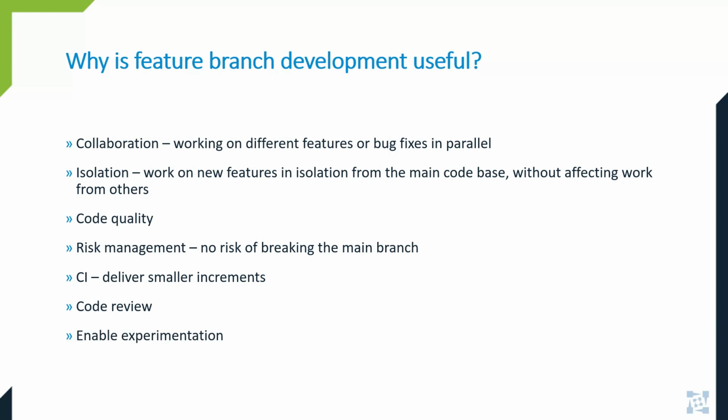But when you want to create different features, or you still have to maintain a specific release of your software, you can create feature branches. Basically you work in parallel, so a different team can work on a different feature branch, and you don't interfere with each other's work.